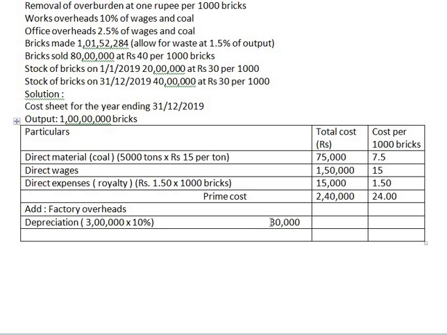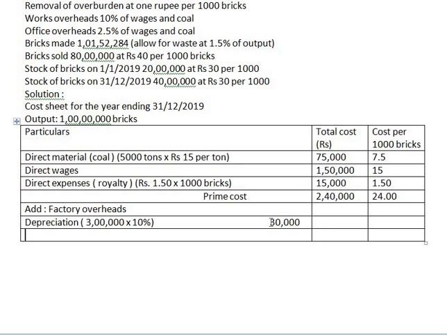Now next is removal of overburden at 1 rupee per 1000 bricks. Again, this is related to factory overheads.